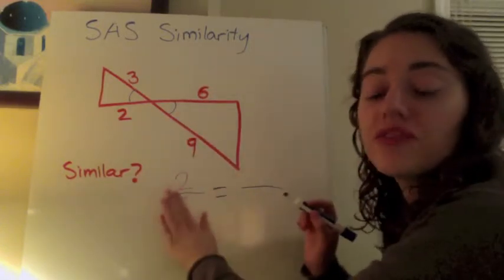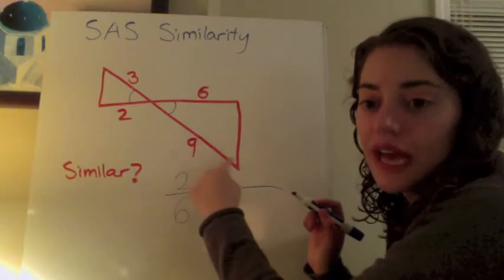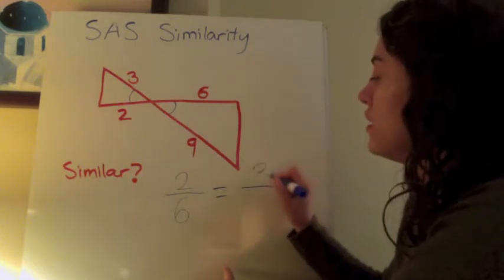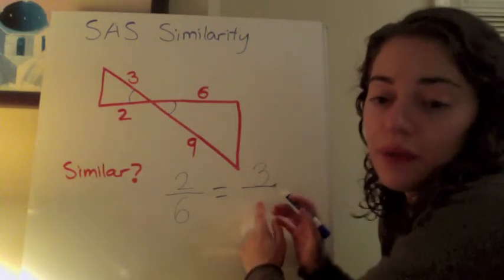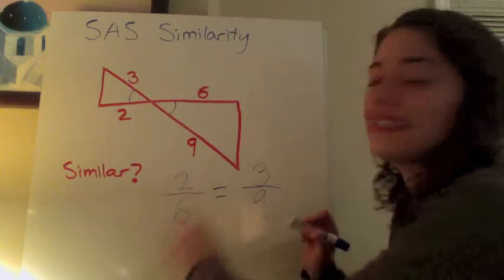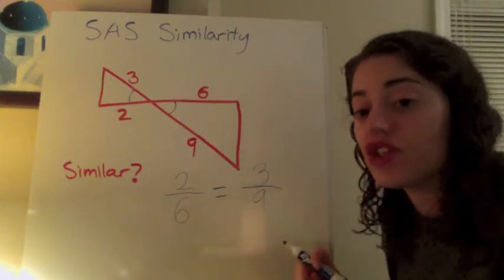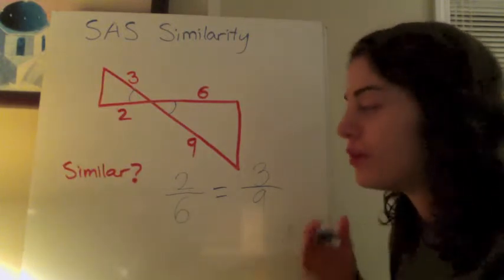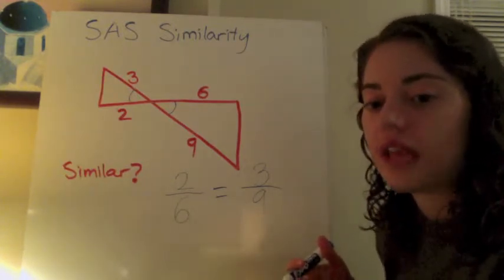Now, I've used my smaller sides, but I still have this bigger side that's given. I have the bigger side of my smaller triangle, and I'm going to put that over my bigger side of my bigger triangle, and I'm going to test to see if these two fractions, or these two ratios, are proportional. I know that they'll be proportional if they can reduce to the same thing.